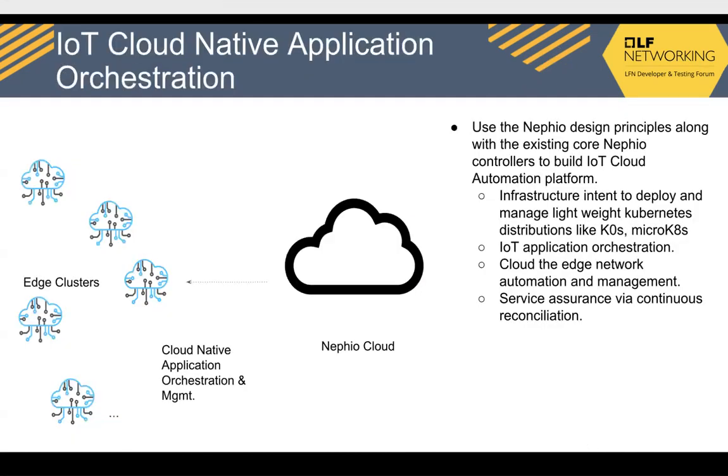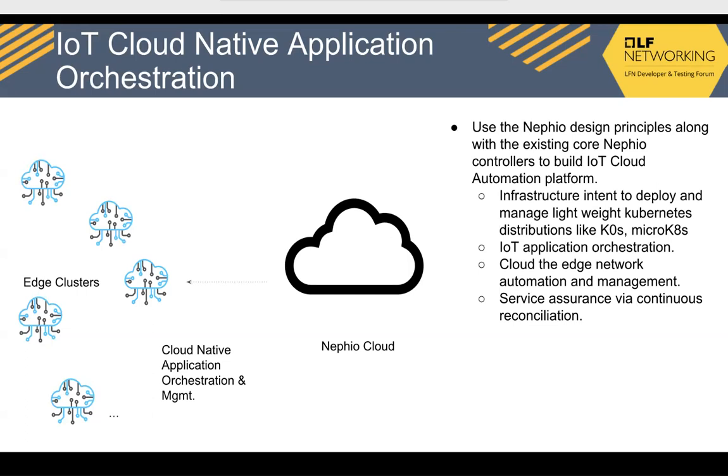Now we can talk about the IoT cloud native application orchestration use case. We can use Nephio design principles along with the existing Nephio controllers to build an IoT cloud automation platform. There are a number of low footprint Kubernetes distributions out there, for example MicroShift, Portainer, K0s, K3s.